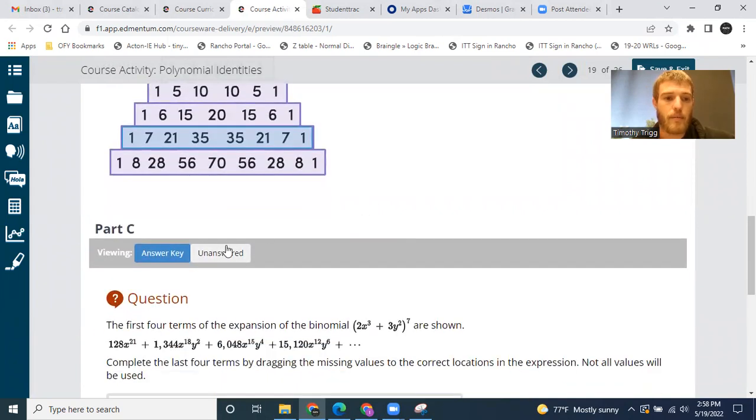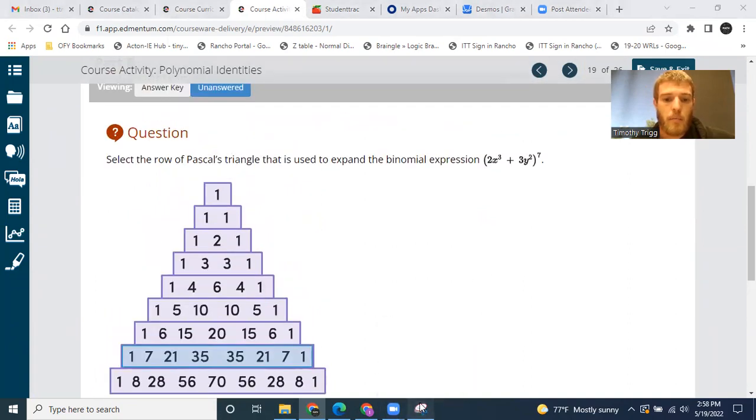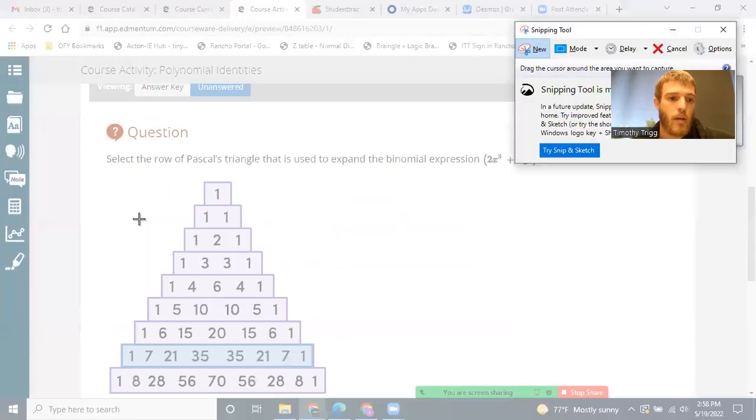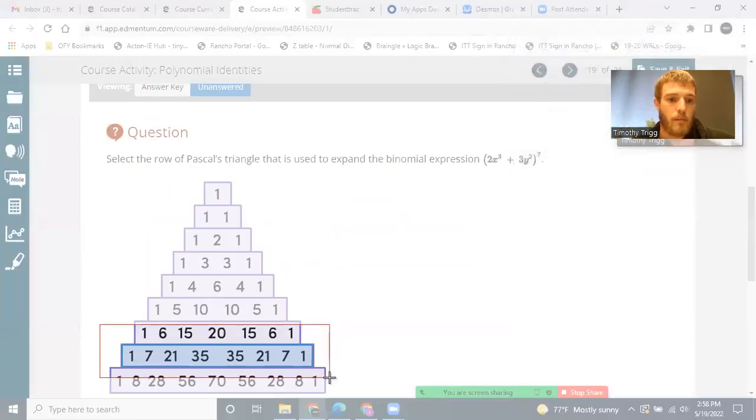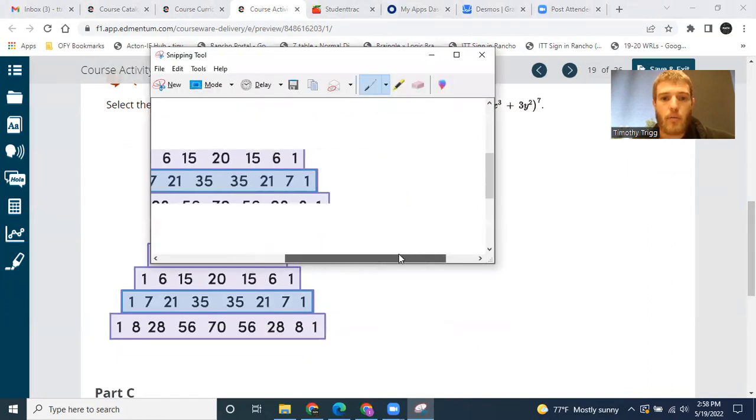Now, how am I going to use it? How do we use this triangle? I'm going to show you. Let me go ahead and grab this triangle. I'm actually just going to grab this row here. This is the row we're going to use. And I'm going to write down my binomial.